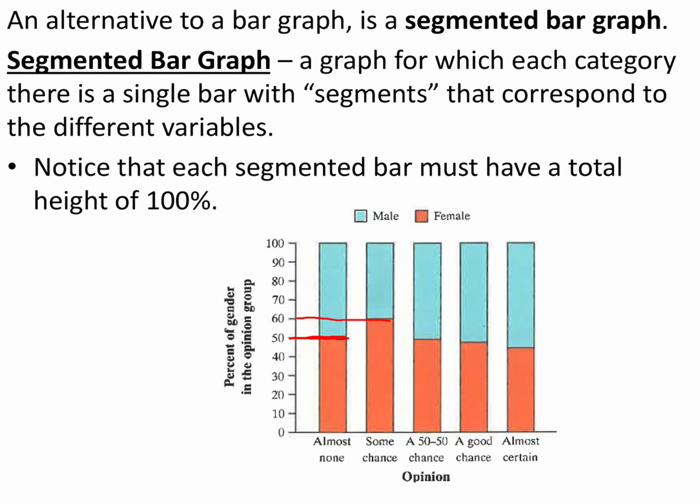At some chance, female is 60%, so that leaves 40% for the male. You can see the male part of the bar is shorter than the female part of the bar. When we get down to almost certain, we only have 45% female, so that leaves 55% for male in that category.